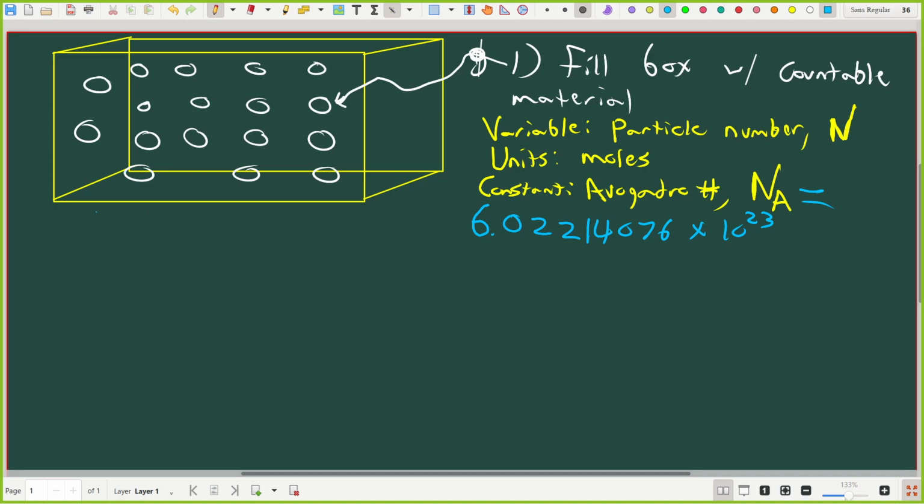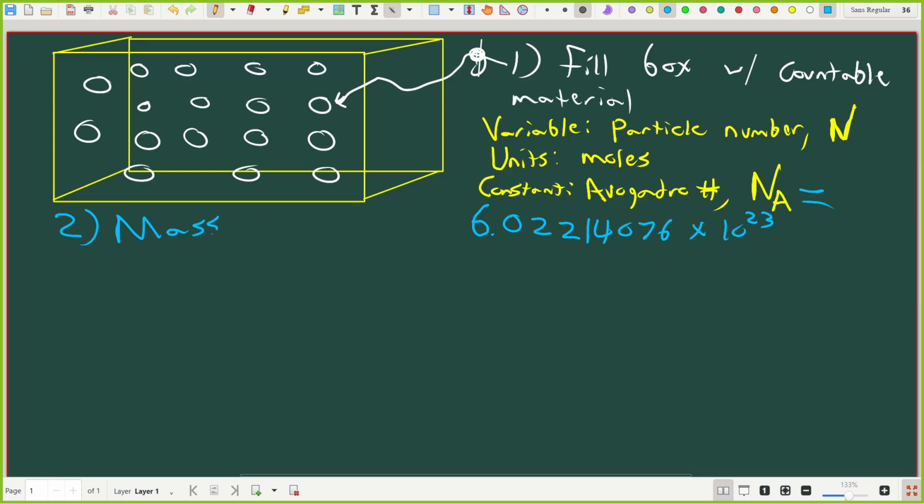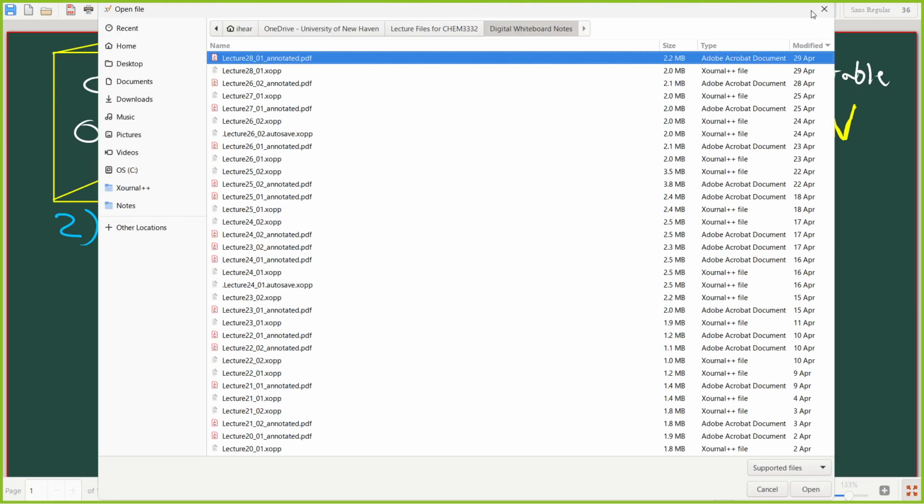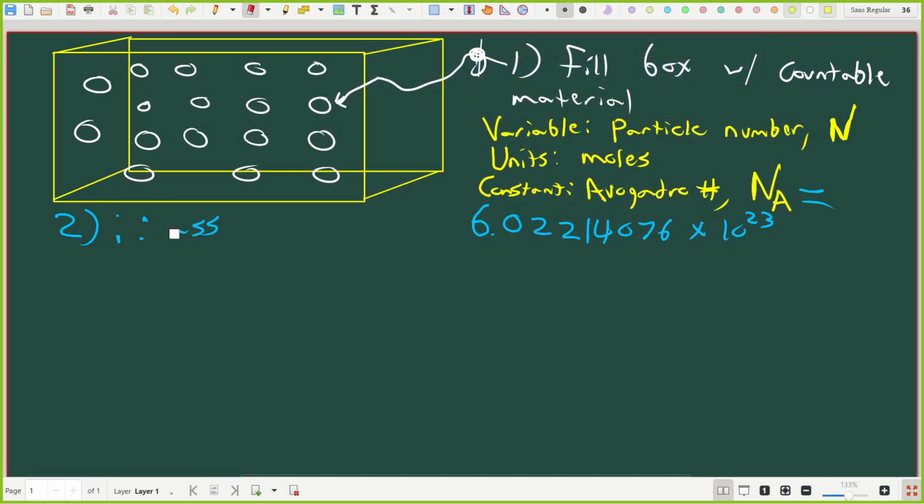This seems really trivial, but it's important that we think about these things. Our next variable is mass. Sorry, let me be more consistent with my writing. So this is our first one.